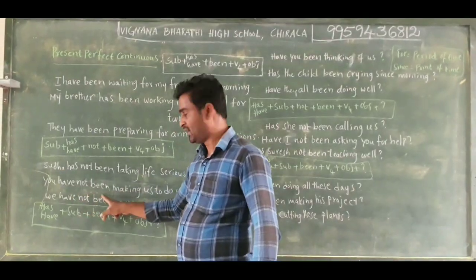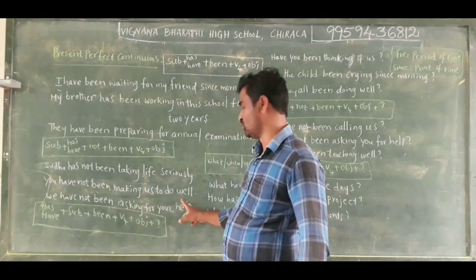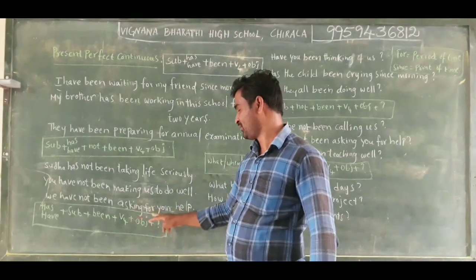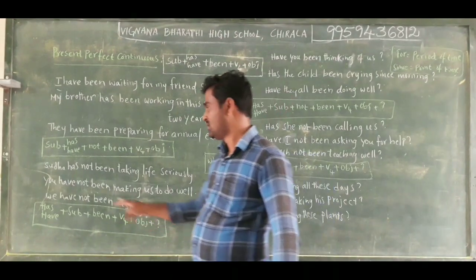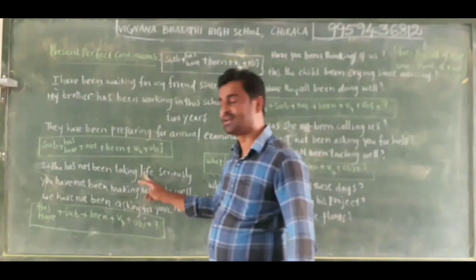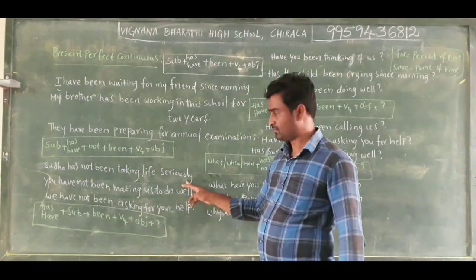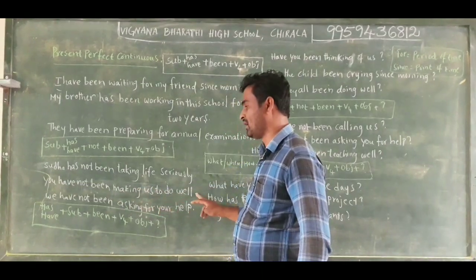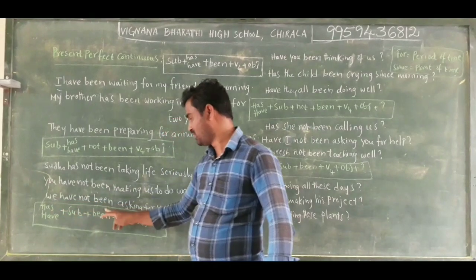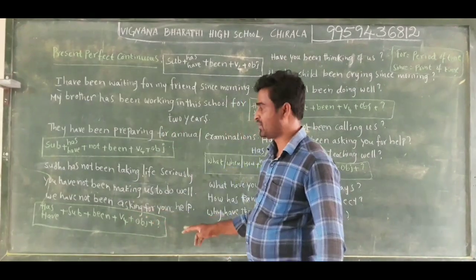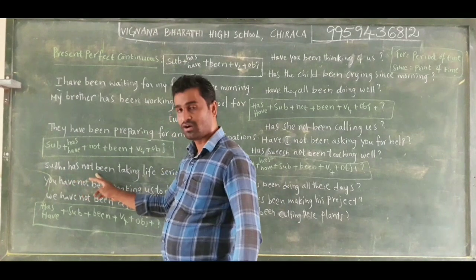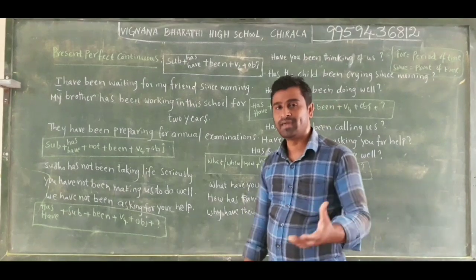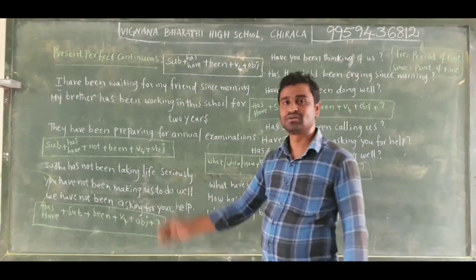You have not been making us do well. We have not been asking for your help. Here subject Sudha has not been, verb 4 and object. In this way we make present perfect continuous tense negative statements.